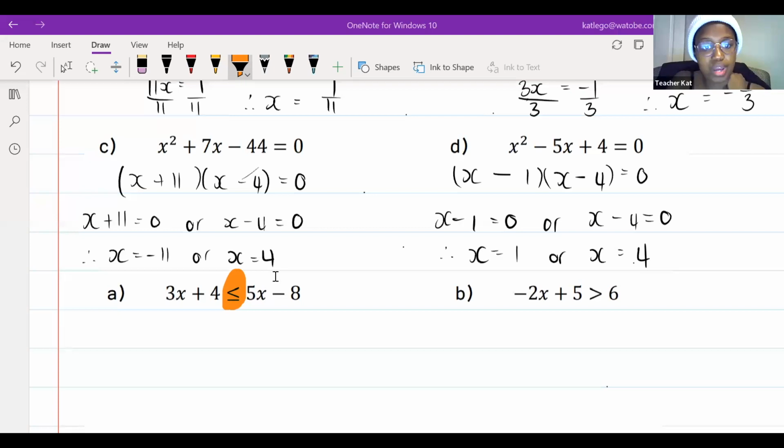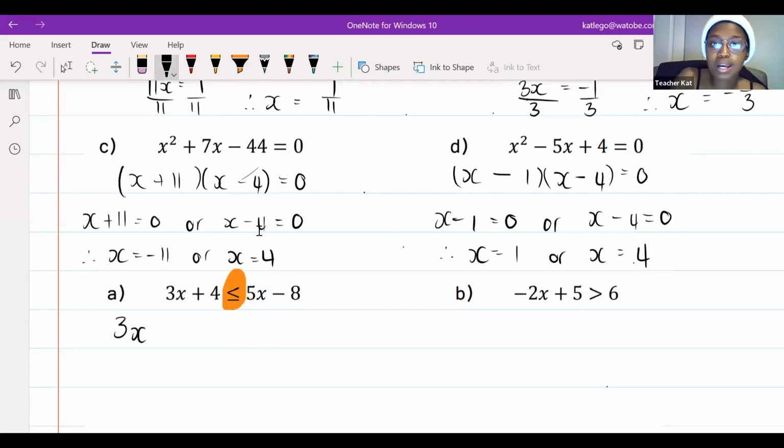If we had an equal sign, what would you have done? Yes, group the like terms. We have to group the like terms. Okay, we follow the same steps. So then we'll have 3x on this side.